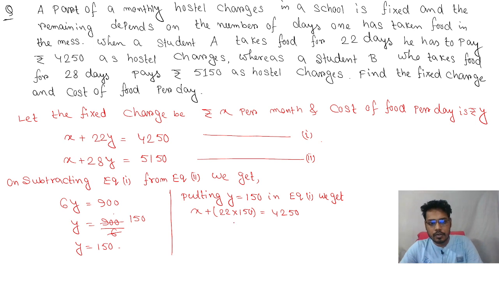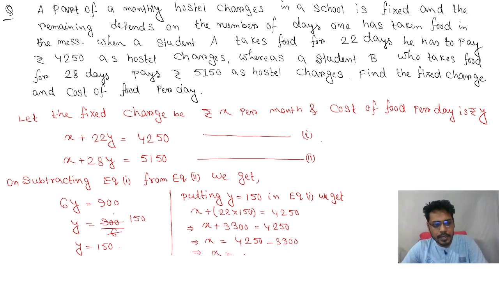Now if you multiply 22 with 150 we get 3300, and it equals 4250. So X equals 4250 minus 3300, that is 950. So X is 950. Here we can say that the fixed charge X is rupees 950.